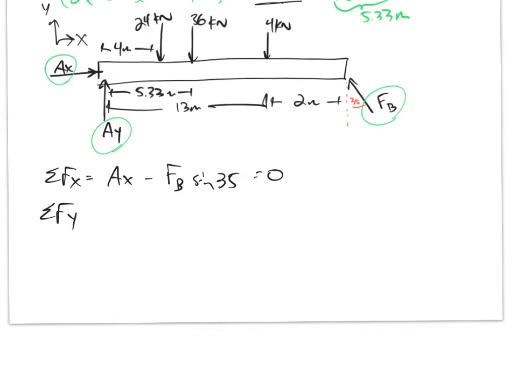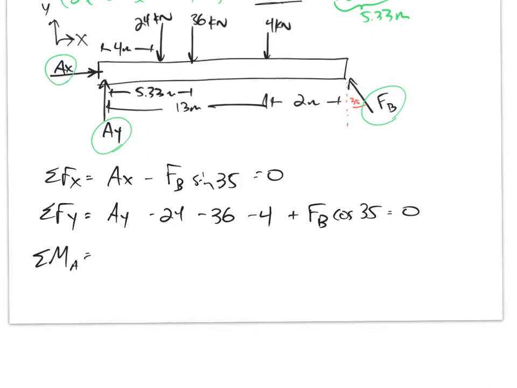Summing the forces in y: AY minus 24 kilonewtons minus 36 kilonewtons minus 4 kilonewtons, and then plus FB cosine 35 equals 0. And summing the moments, you might want to have started with this equation because it goes ahead and gives you an unknown. So summing the moments about A, AX and AY go straight through A.